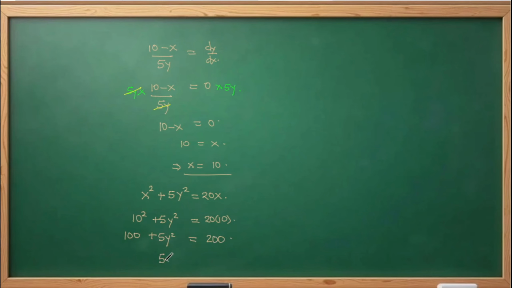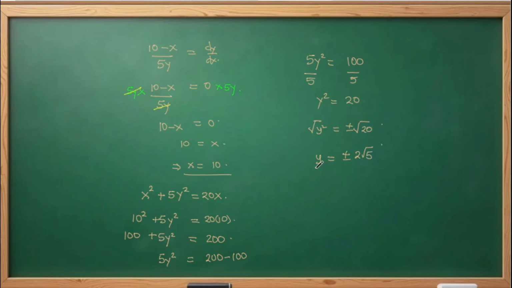Collecting like terms, 5y squared equals 200 minus 100, so 5y squared gives us 100. Dividing both sides by 5, y squared is 20. Taking roots on both sides, we have positive or negative root 20. So therefore, y equals positive or negative 2 root 5.